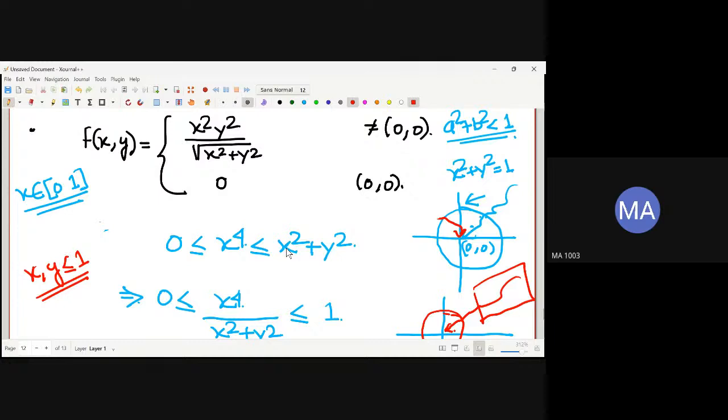Maybe let's say this example: x square y square, y square divided by the square root of x square minus y square. Of course this is when x square is strictly greater than y square.